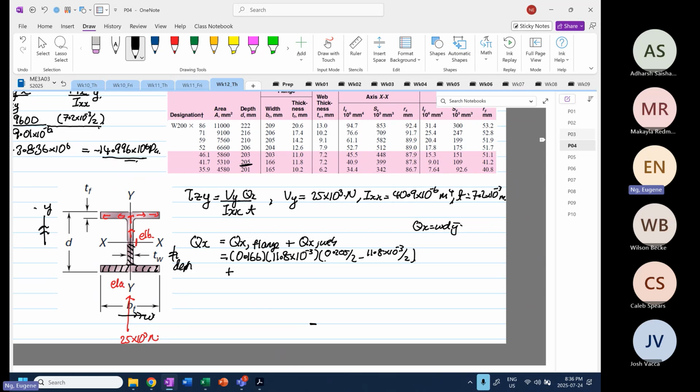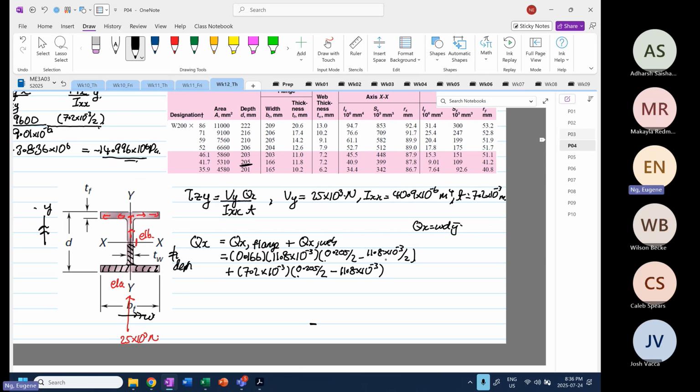So the web, the width is equal to 7.2 times 10 to the power minus 3. Then the depth is d divided by 2, 0.205 divided by 2, minus the thickness of the flange, which is equal to 11.8 times 10 to the power minus 3.